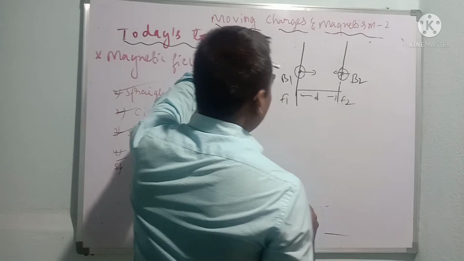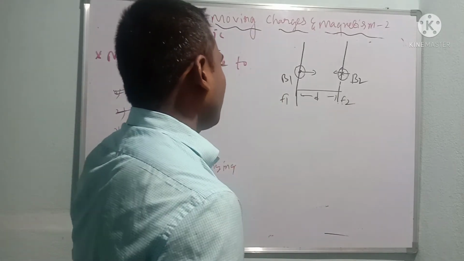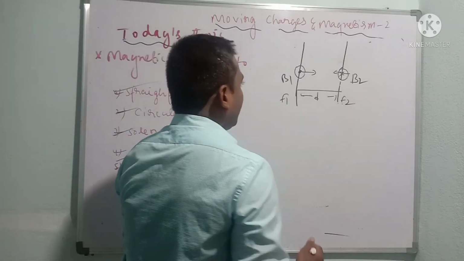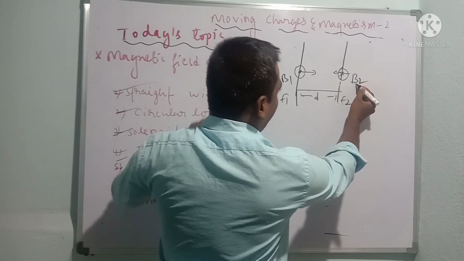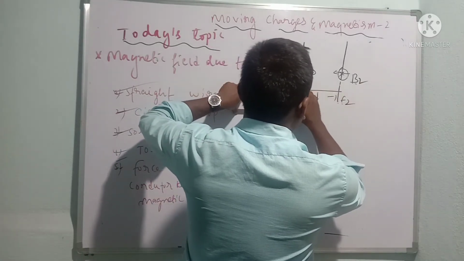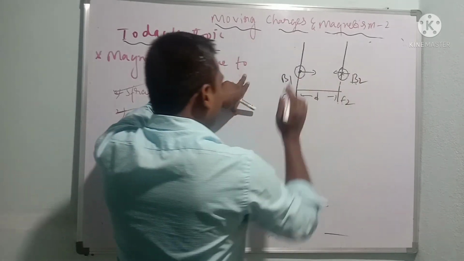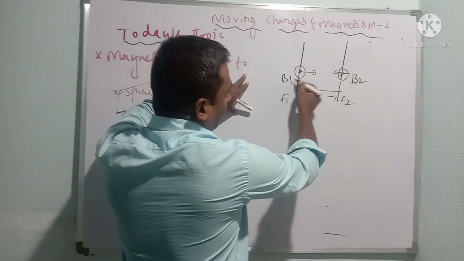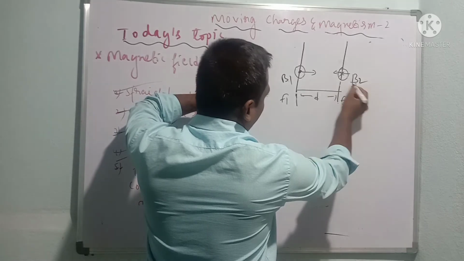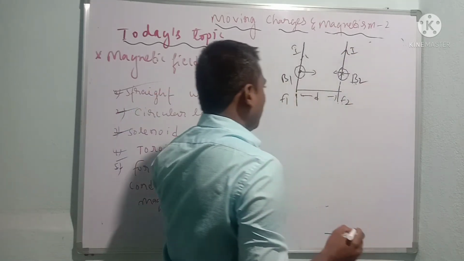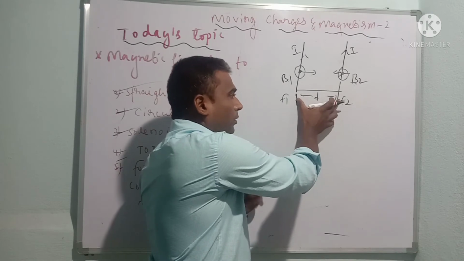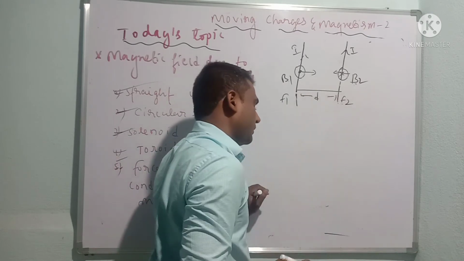Now dear children, a very simple point. The magnetic fields due to wire 1 and wire 2, this is the first magnetic field and this is the second magnetic field, and they are going to carry the current. The very important point is that this is the distance between the two parallel current carrying conductors.